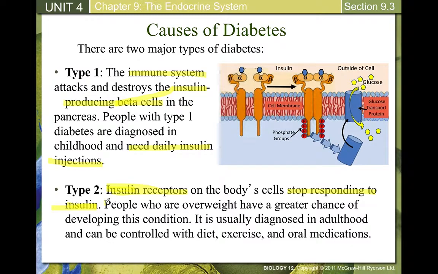So this is a condition that we often do associate with people who are overweight, but it is by no means exclusive to that. There are lots of different body types that can develop this type of disease. There is a genetic component. So oftentimes, when you're getting older in life and you're looking at the types of health conditions that you may be susceptible to, usually you look at your family history.